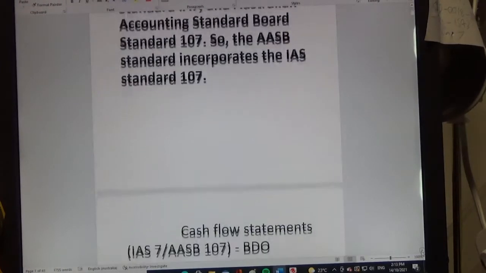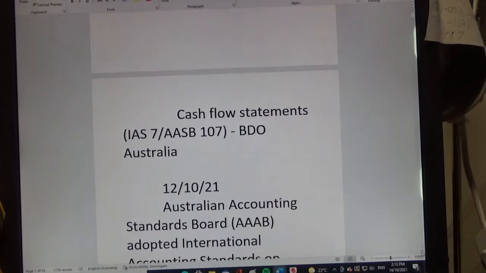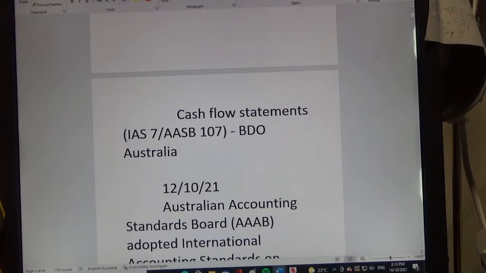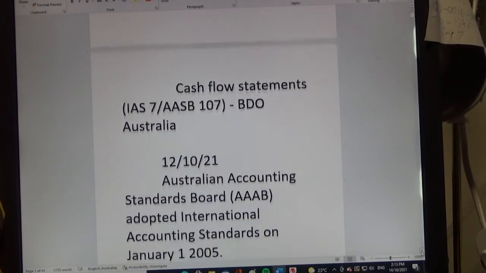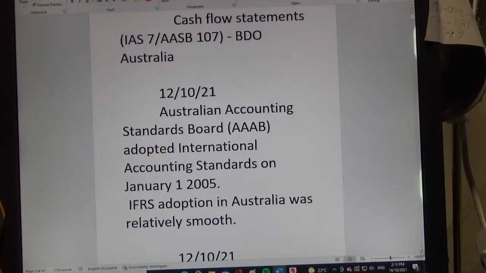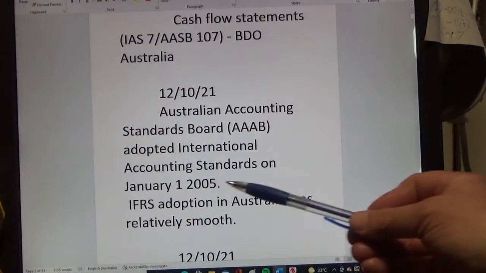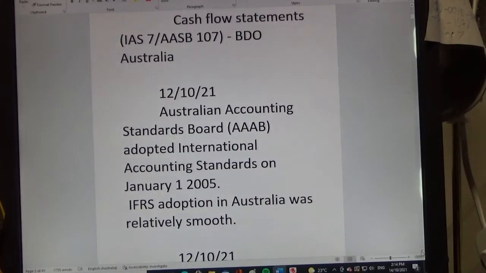That changed in, and there's a reference I've got, BDO, which states that as well. I cited both references, and AASB adopted the International Accounting Standards on January the 1st, 2005.